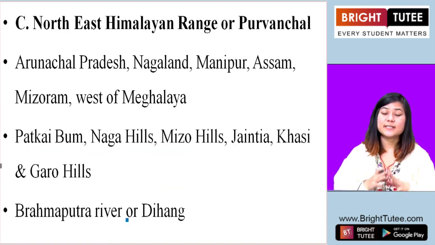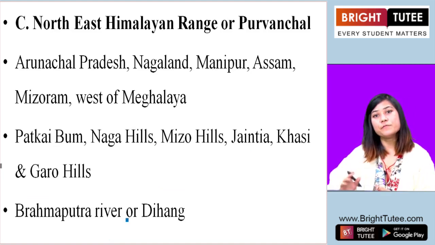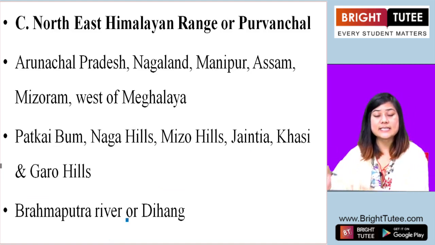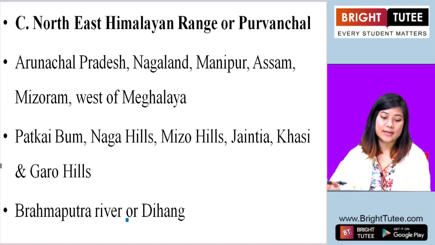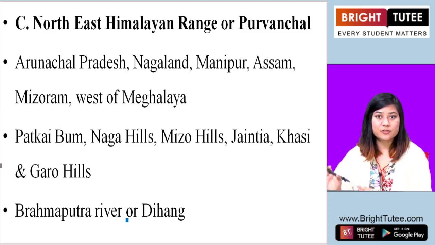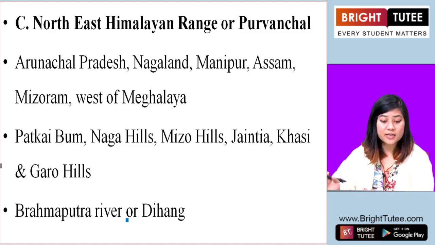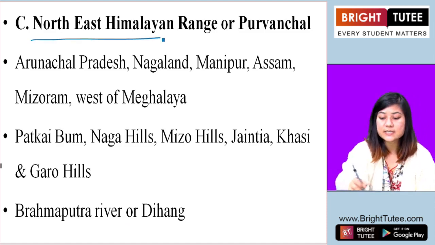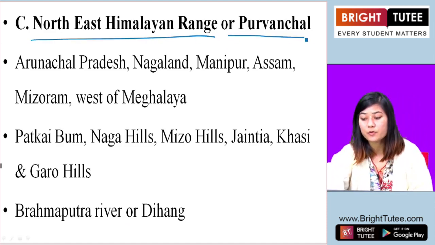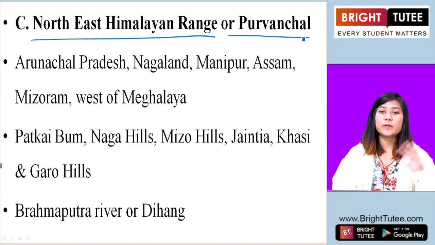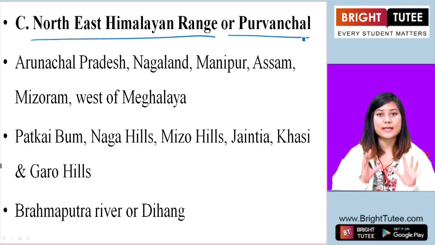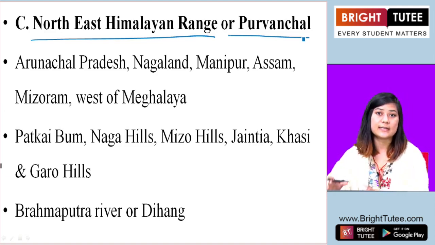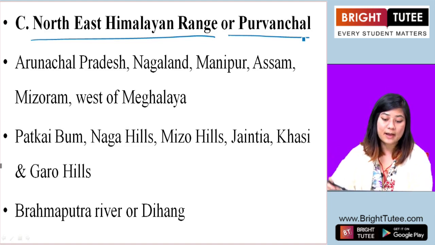Now that was the central or the great northern Himalayas. Now we move from the central to the eastern part of the Himalayas, and that range is called the Northeastern Himalayan range or Purvanchal. Okay, so we looked at the western, we looked at the central, now we are looking at the eastern part of the Himalayas.